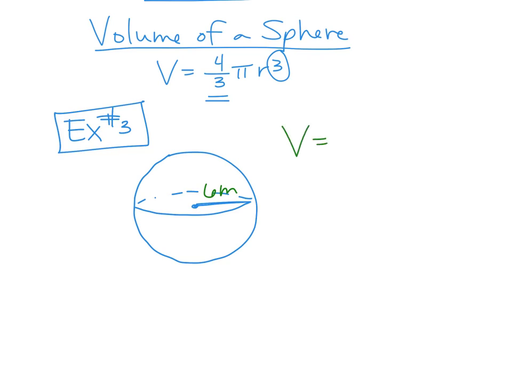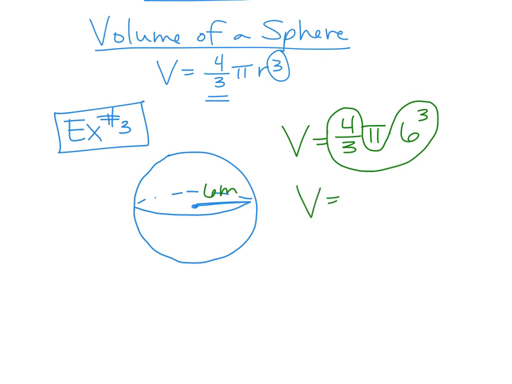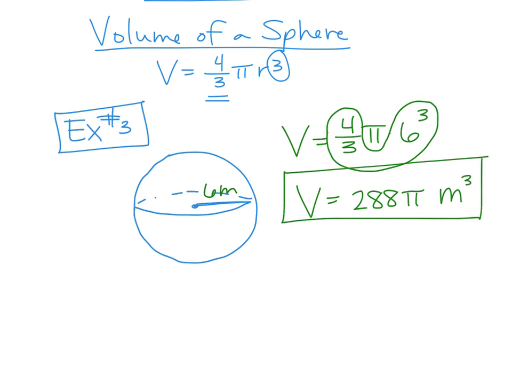But we're going to say volume equals 4/3 times pi times that radius to the 3rd power. Okay, again, you're going to plug this into your calculator. So 4 divided by 3 times pi times 6 to the 3rd, and you get a volume of 288 pi. Maybe you want to plug that into your calculator to just double check that that's what you're getting. And it's volume, so cubic meters. Okay.